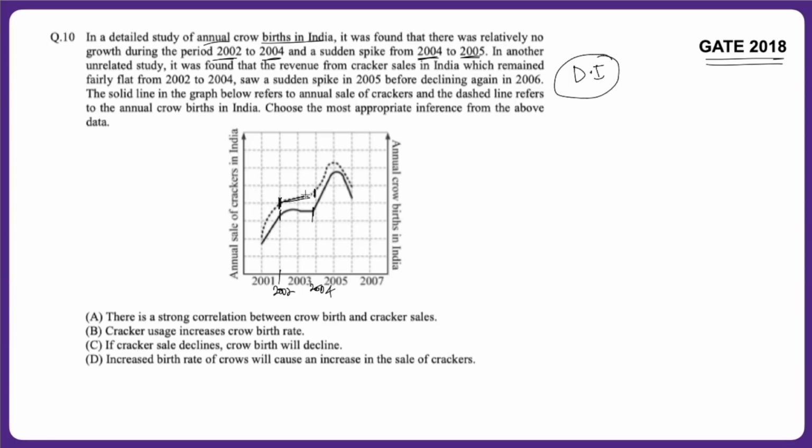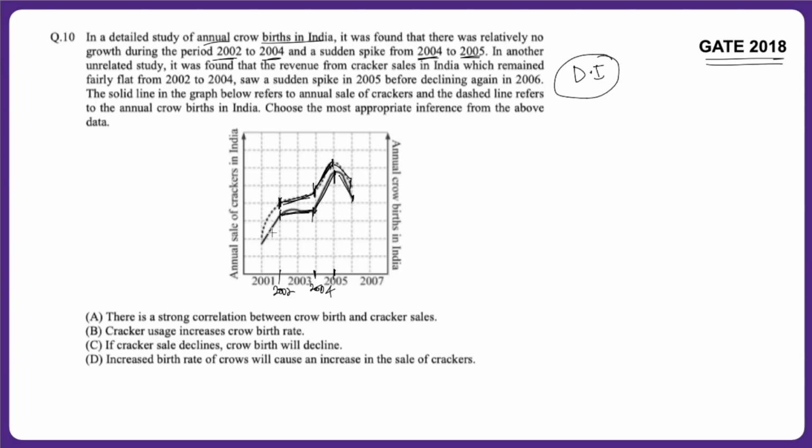So see, the crow birth is also nearly flat and the cracker sale is also nearly flat. From 2004, that is this, to 2005, that is from here to here, both the things got a spike. Both the things got increase. Again from 2005 to 2006, you will see both the things got declined, right?